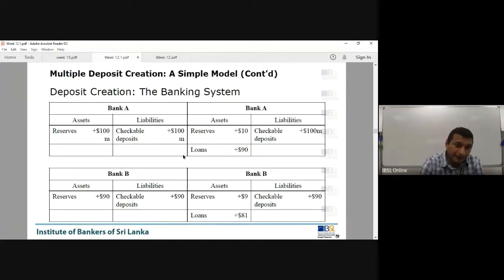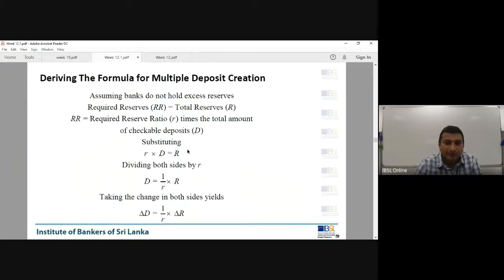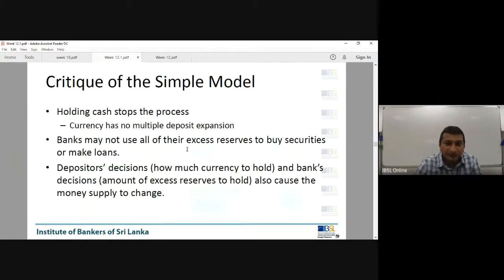And we looked at it with a 10% required reserves scenario, and how reserves are influenced. And that's where, if I'm not mistaken, we stopped our discussion, right?